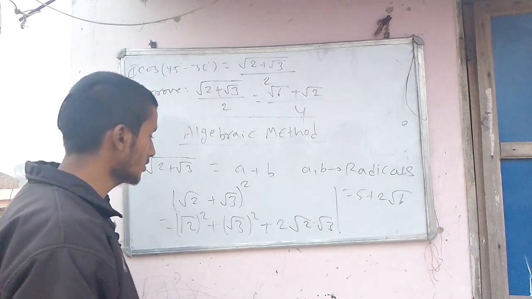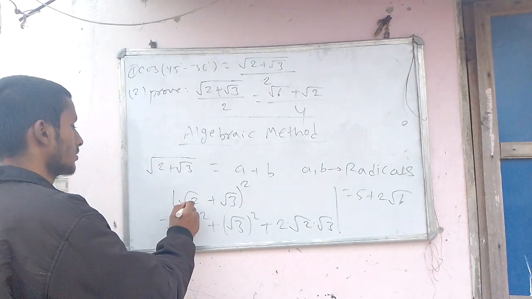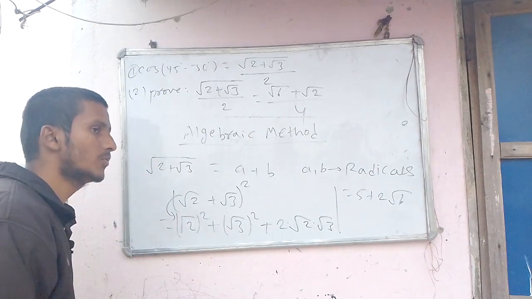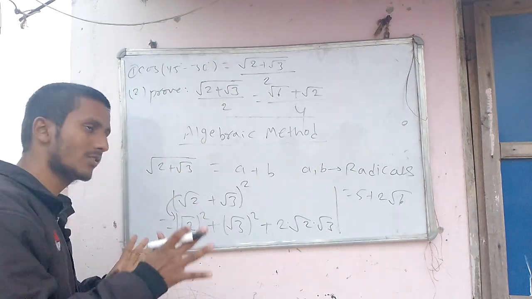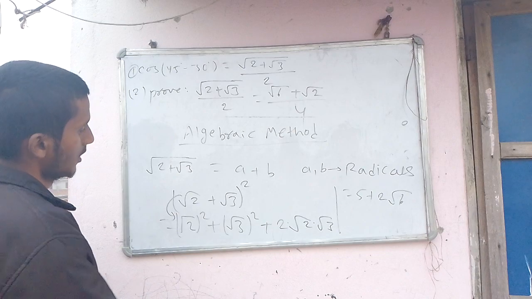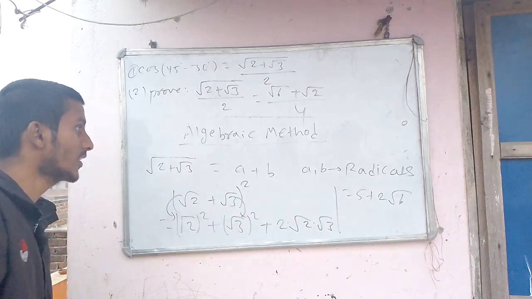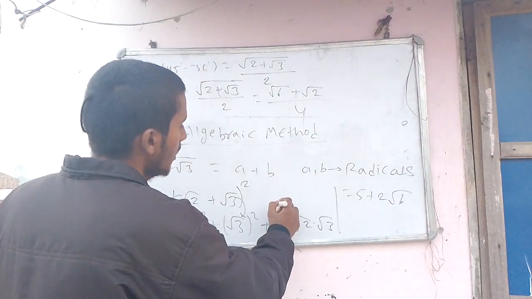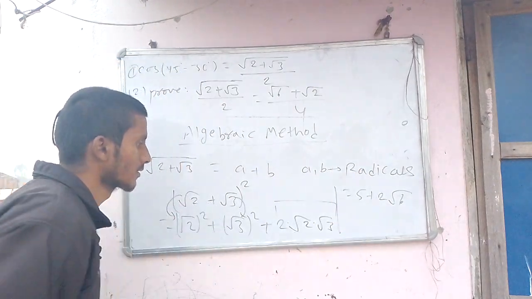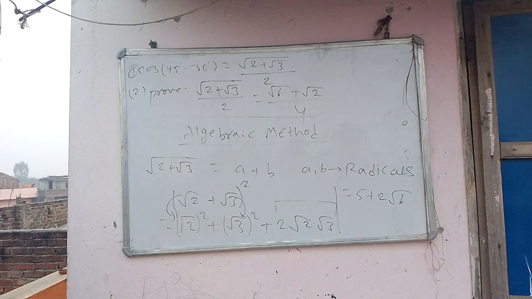So what's the observation? One will be the square of this, which will be a good number, a pretty number, which is a rational number. Again, the square of this will be again a rational number. Then here will be a radical.